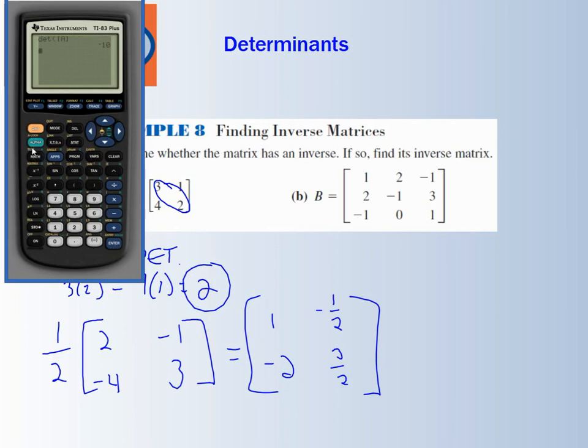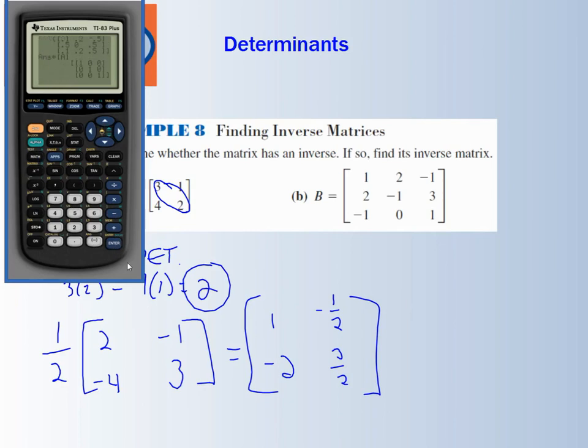So now I'm just going to go ahead and do matrix A, and then I'm going to hit this x negative 1 button, hit enter, and there's my inverse. I can find it just like that. If I wanted to then multiply that inverse times the original matrix, I should get the identity. And sure enough, I do.